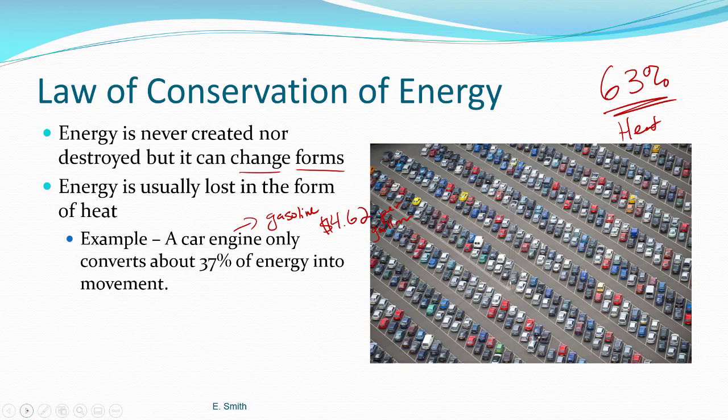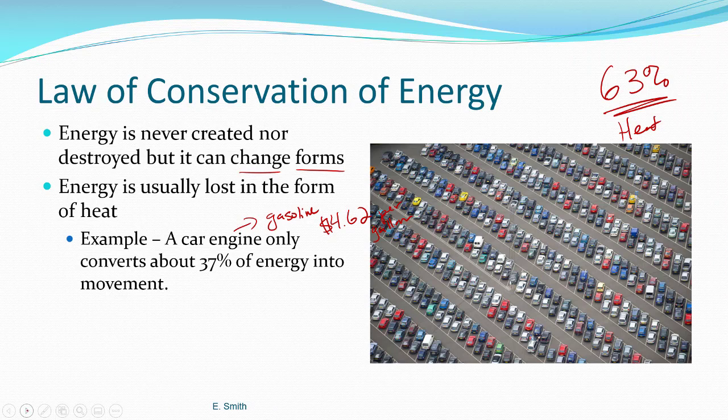When you start talking about other cars like Teslas or electric vehicles, they're a lot more efficient because they're not wasting energy doing combustion to create the movement. They're using batteries to do that. So there's a little less heat, but there's still residual heat given off. If anyone knows anything about Teslas, they have to keep the batteries cool because the batteries get hot. And that heat is lost mechanical energy. But the idea is that energy is just simply transferred. It cannot be created, nor can it be destroyed.